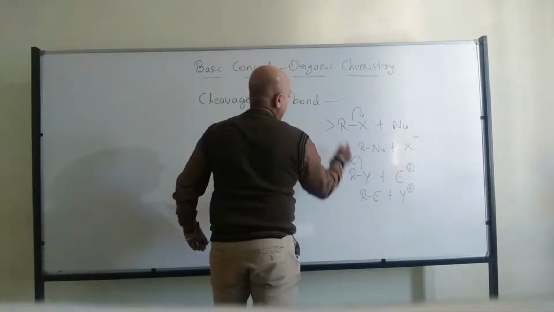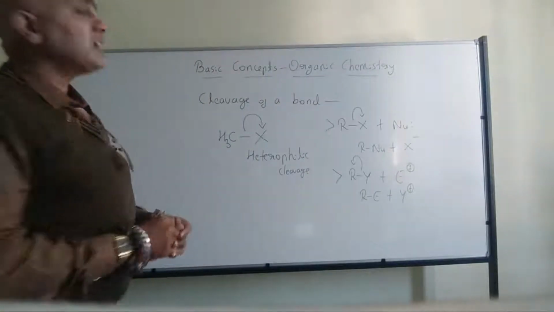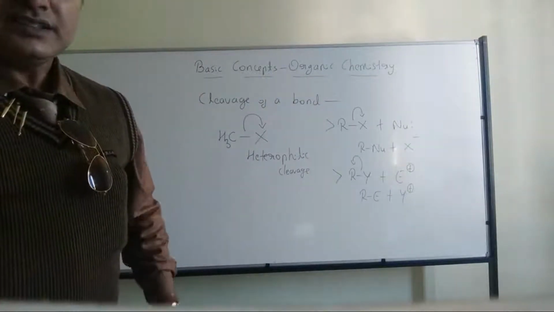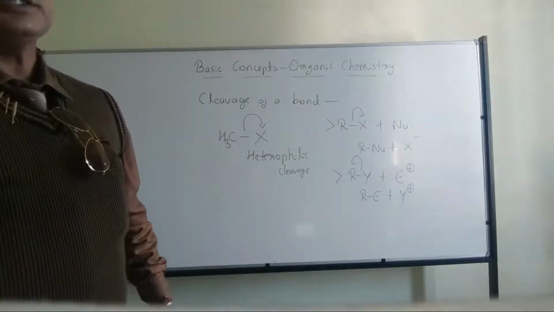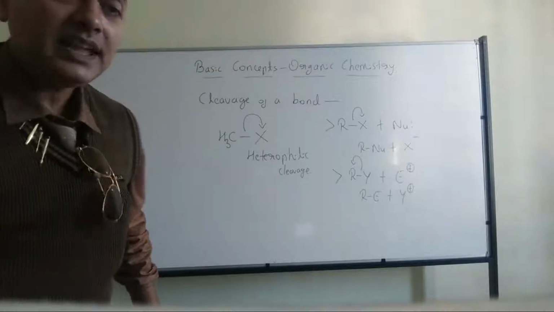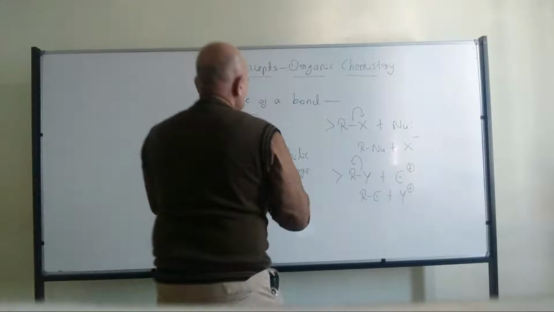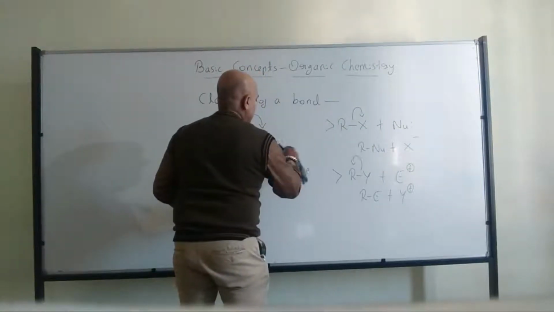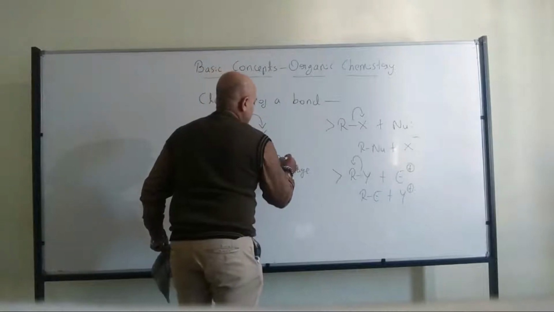So that's where we have the two major types of reactions in organic chemistry: nucleophilic substitution reaction and electrophilic substitution reaction. In both cases, what is happening? There will be heterolytic cleavage.